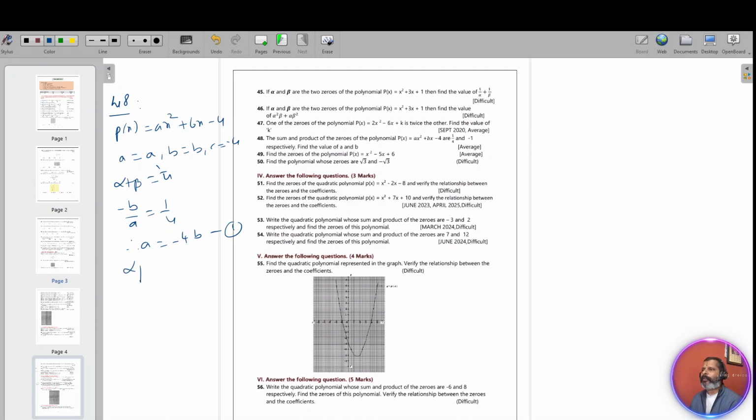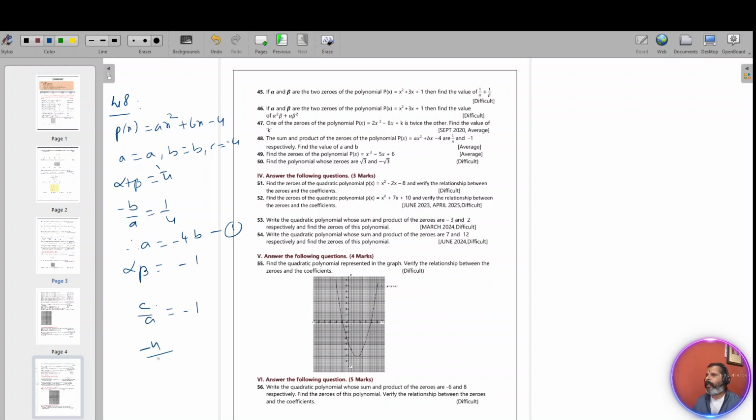And product of zeros is minus 1 they have given, that is alpha into beta. What is product of zeros? C by a. C by a equal to minus 1, right? What is a here? A we got as minus 4b, right? C is what?